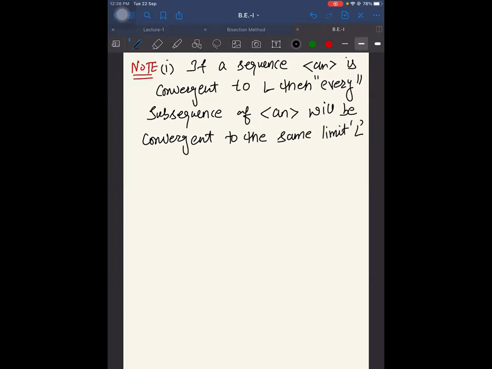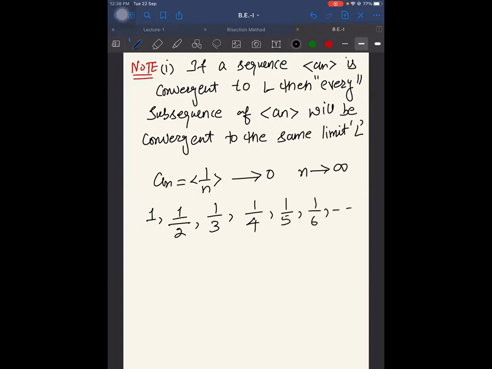Yesterday we did an example where an is equal to 1 by n, which was converging to 0 as n tends to infinity. The terms are 1, 1 by 2, 1 by 3, 1 by 4, 1 by 5, 1 by 6, and so on.